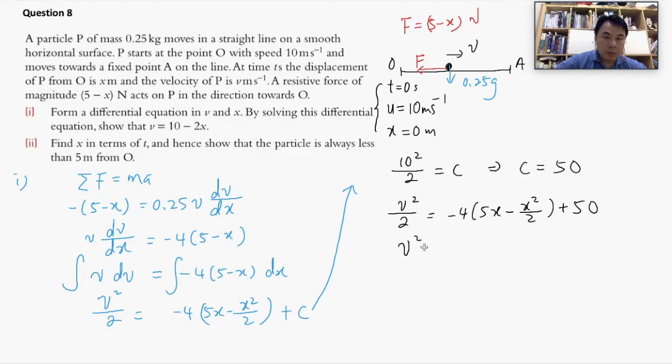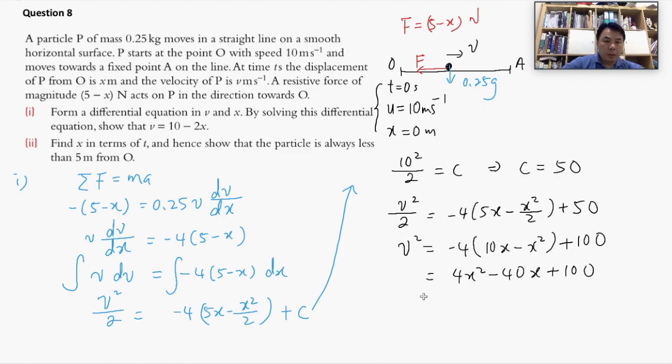So I'm going to multiply that by 8. That would be 4(10x - x squared) plus 100, which is equal to 4x squared minus 40x plus 100.